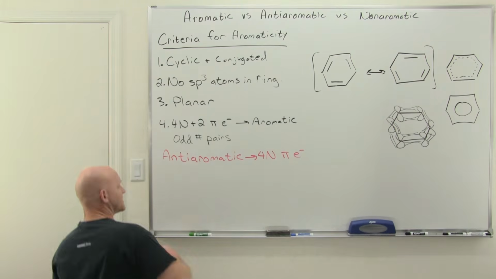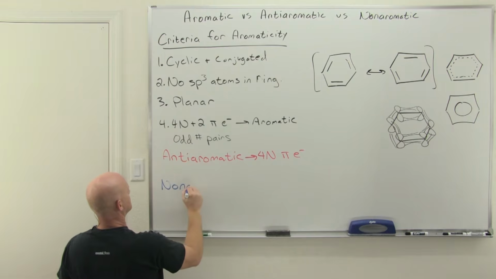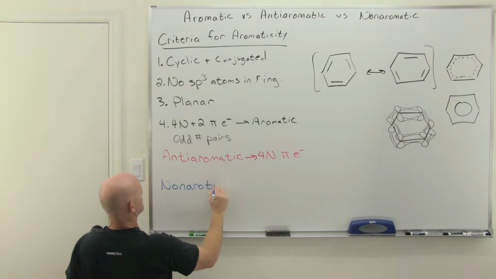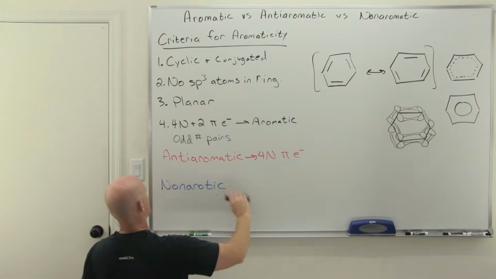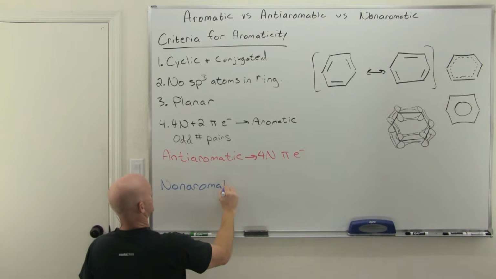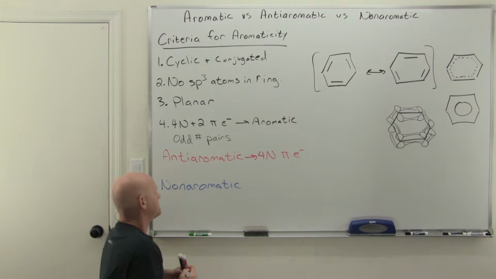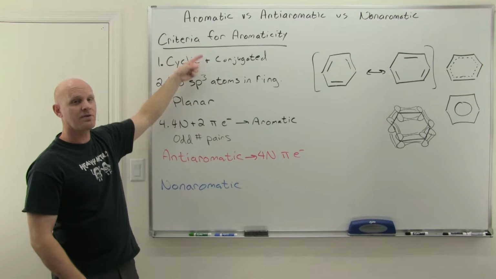So finally, your other term you've got to be familiar with is non-aromatic. So, let's spell this correctly, non-aromatic. All right, so non-aromatic just means you failed one of these first three rules.